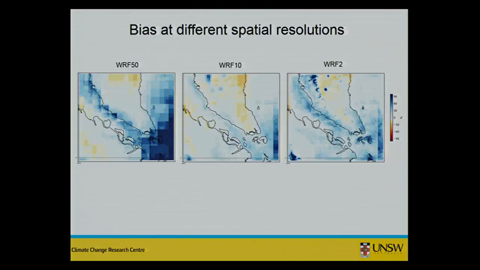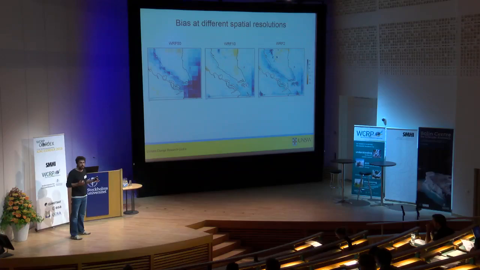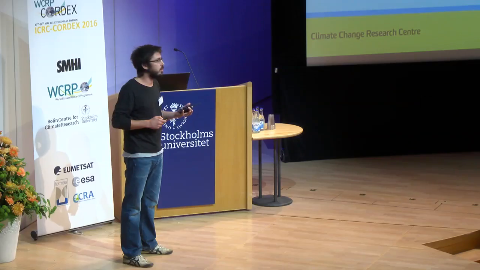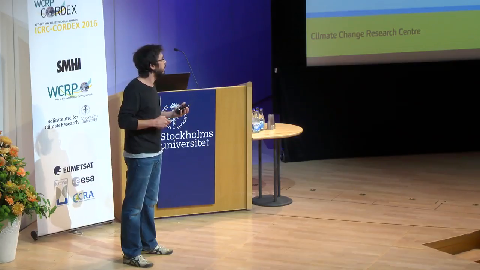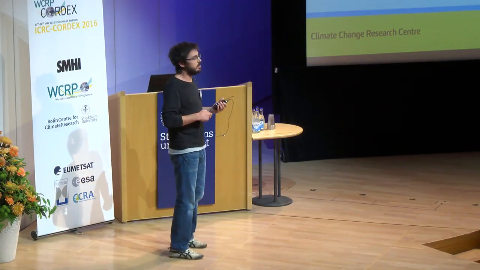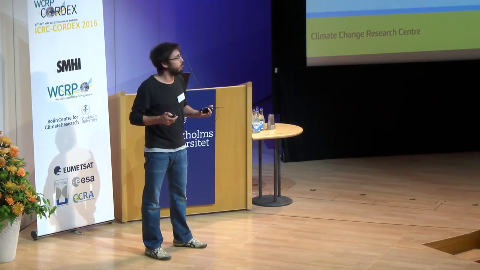This is compared to TRMM, which is 25 kilometers, and CMORPH. We chose the smaller bias between the two to give an idea of the spread between the different observations. And we know that these products have some problems in the mountains. But in general, there doesn't seem to be a clear improvement.